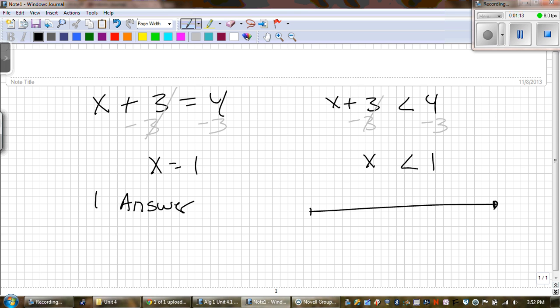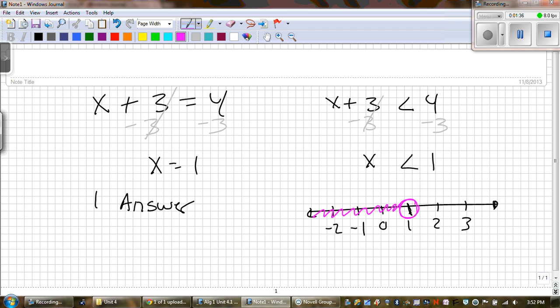Well, yeah, just look on a number line. Here's 1. Is 0 less than 1? Is -1? Is -2? Is 2? Is 3? So what we're going to be talking about today is how to graph and how to show that.